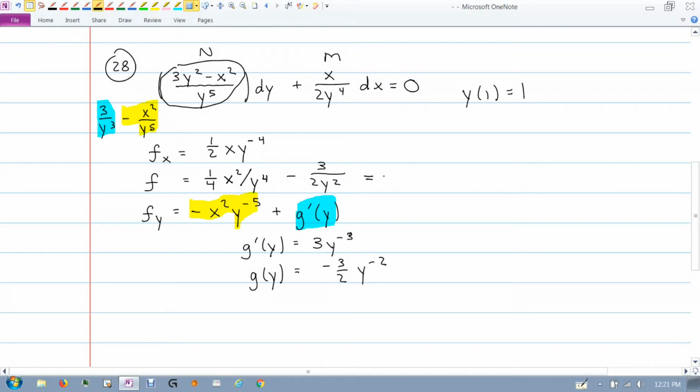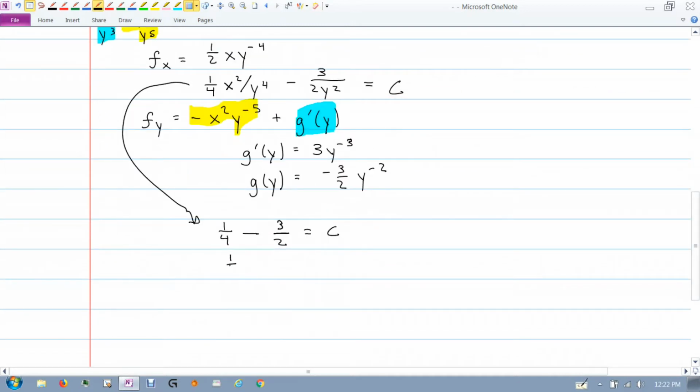And this is equal to some constant, and I'm going to plug in 1 for x and 1 for y. So when we do that, we get 1/4 times 1 over 1, so that's just 1/4, minus 3 over 2 times 1 squared, so that's just 3 halves, equals c.